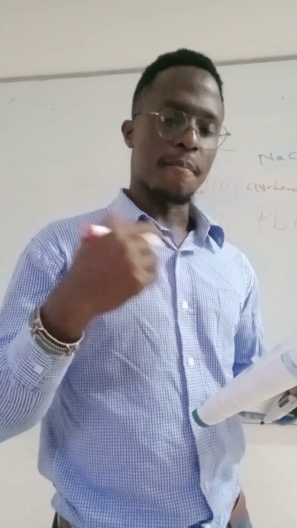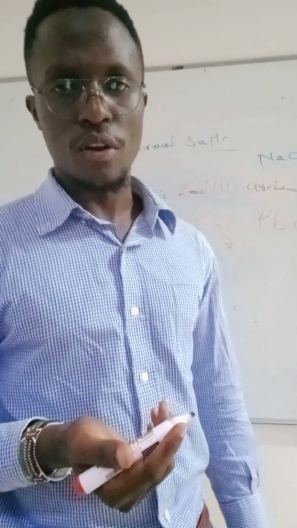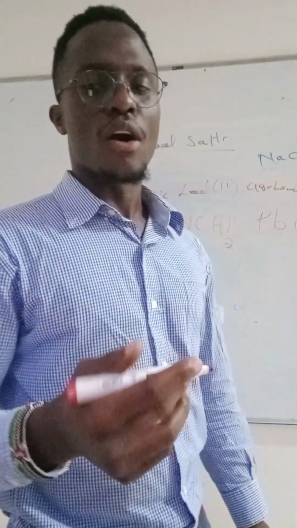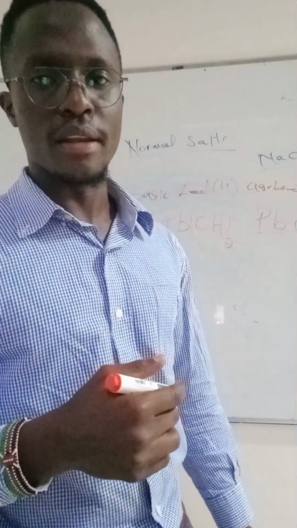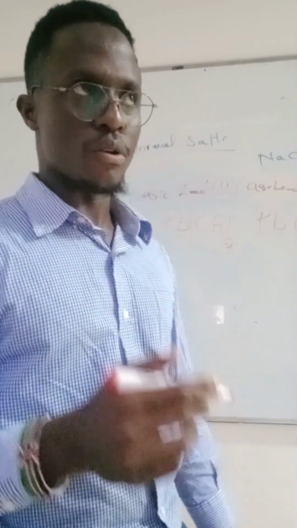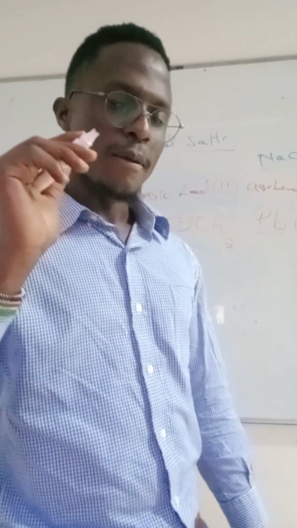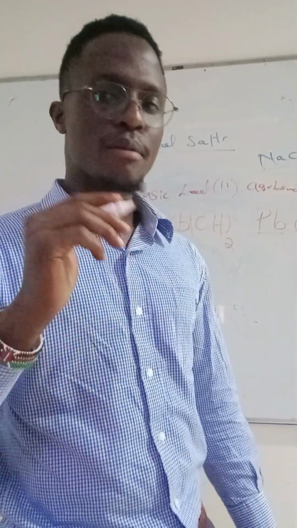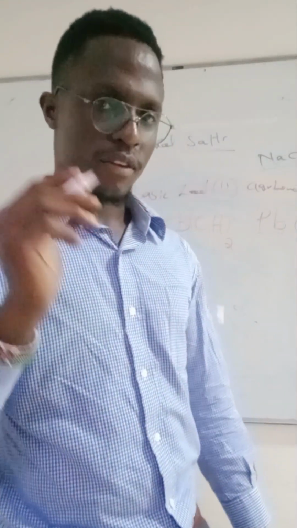This was just one of the examples of a double salt, which is potassium aluminium sulfate. It has 12 waters of crystallization, because somebody can ask you what is the amount of water of crystallization in potassium aluminium sulfate. It is 12. You're also supposed to be able to define water of crystallization.